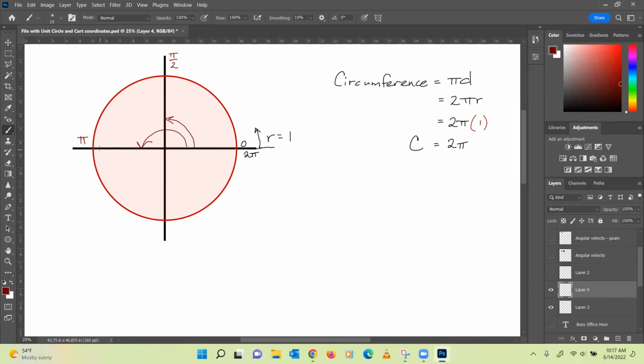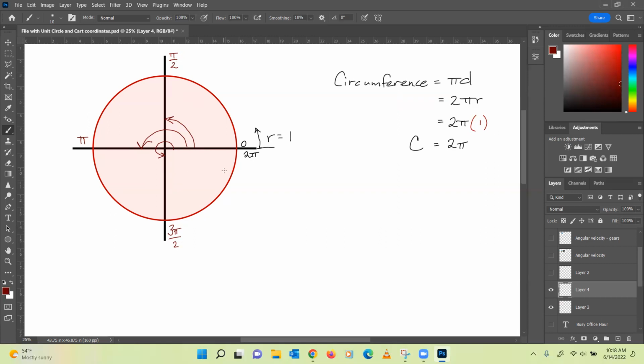And of course, rotating all the way around to the negative x-axis, we've already said is pi. Well, let's suppose we rotate to the negative y-axis. If each quarter of this circle is pi over 2, we could just add those up. We've got 1 pi over 2, 2 pi over 2. Well, this one down here must be 3 pi over 2. So that would be our distance around to the negative y-axis, 3 pi over 2, and continuing on, we've got 2 pi once we get to the positive x-axis.